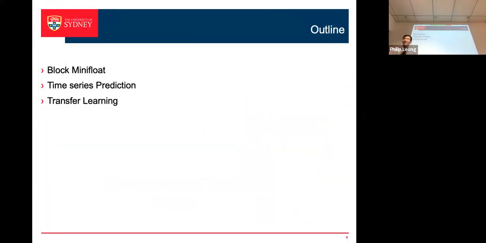So I'm going to talk about 3 things. First, I'll describe block Minifloat, which is our arithmetic scheme that was developed. Then how we applied it to time series prediction, which is inference first and then training of a time series prediction neural network design, and then transfer learning for convolutional neural networks.